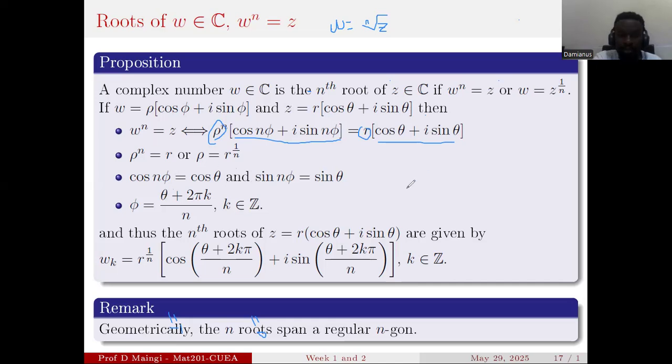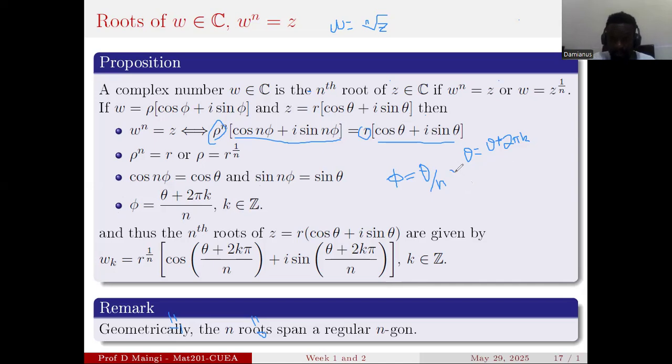Obviously phi is theta over n. But angles are periodic, so theta is the same as theta plus 2 pi k, where k is an integer. So basically it turns out that phi is (theta plus 2 pi k) over n.